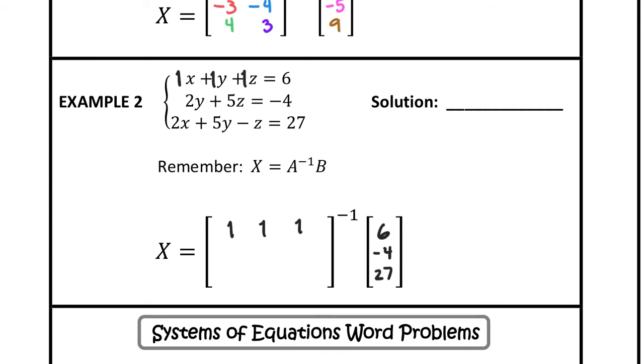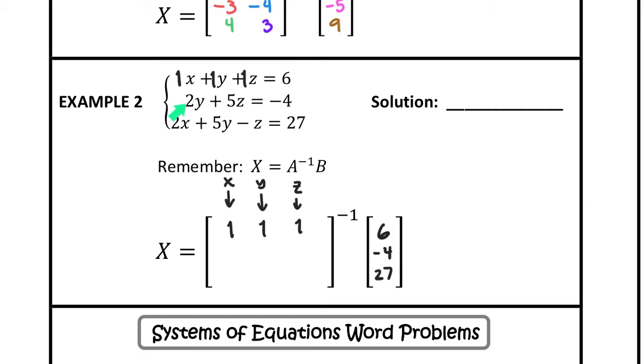So it's like I'm writing all my x's here, all my y's, all my z's. Actually, let me write it like this. X's, y's, and z's this way.